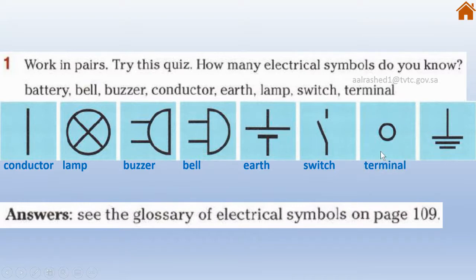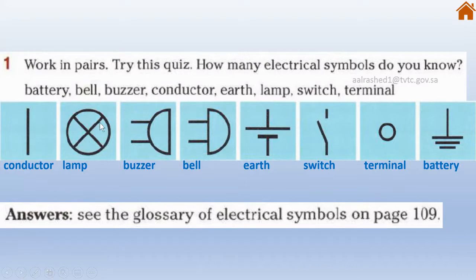This is the terminal, and finally we have the battery. For example, a simple electrical circuit will contain a battery. The battery is the source of electricity. You need a conductor to carry the current from the battery, and then you need something that utilizes this electricity, for example a lamp.